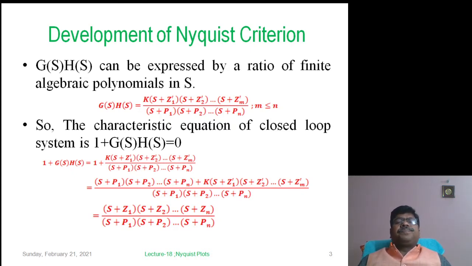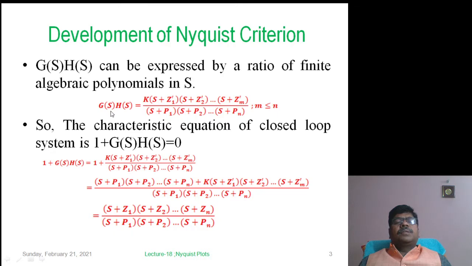Here the open loop transfer function G(s)H(s) is expressed as the gain factor multiplied by the numerator polynomial, meaning zeros, divided by the denominator polynomial. Definitely the numerator polynomial order must be less than or equal to the denominator polynomial.